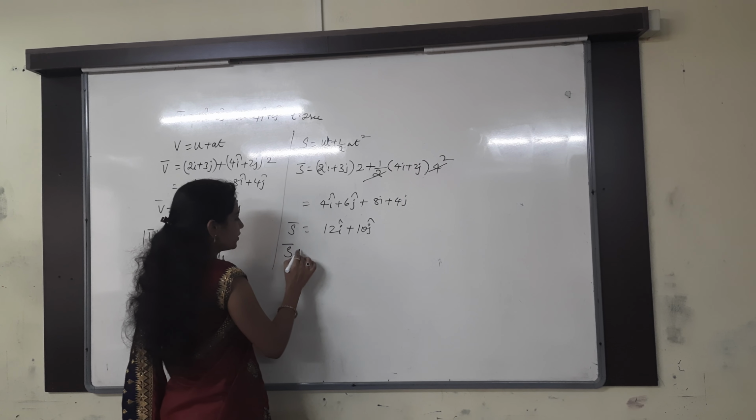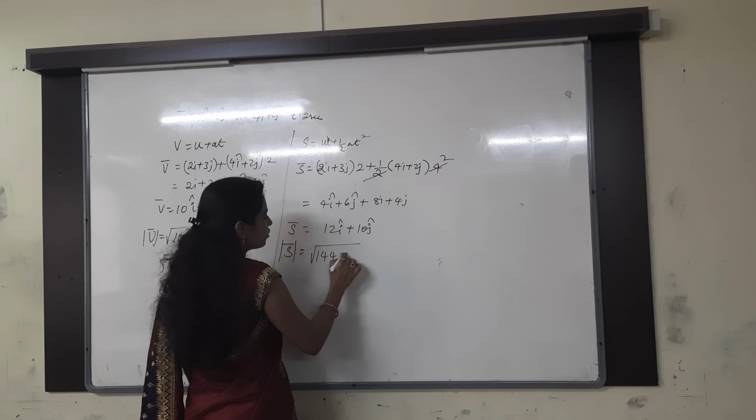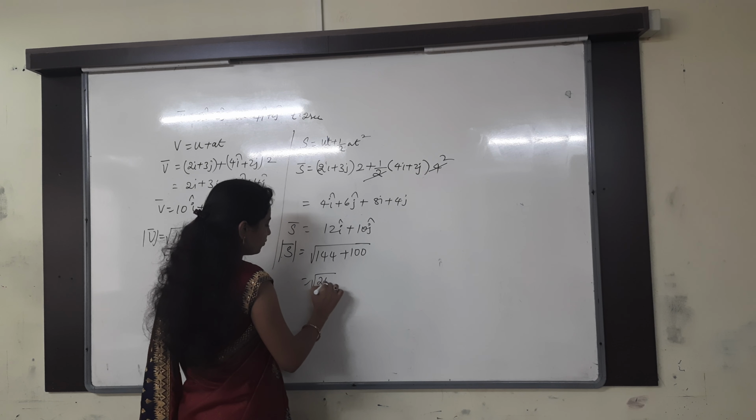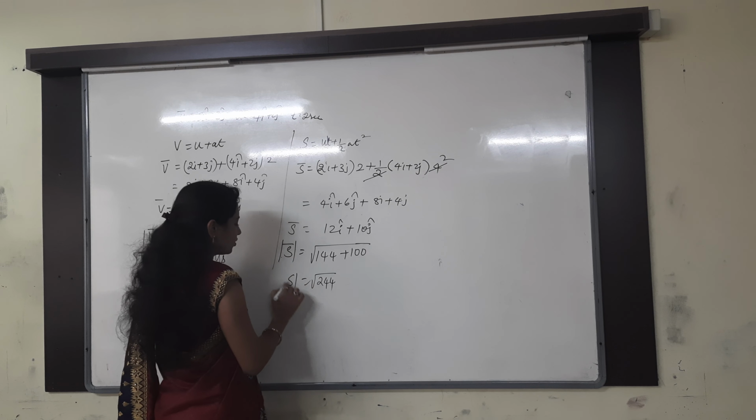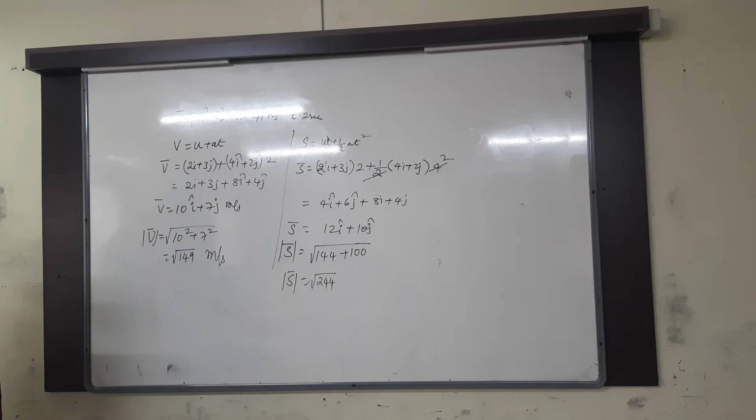And displacement, modulus of displacement will be root over 144 plus 10 square, nothing but 100. Root over 244. This answer we will get as modulus of displacement. Everybody got the answer, right? Yes.